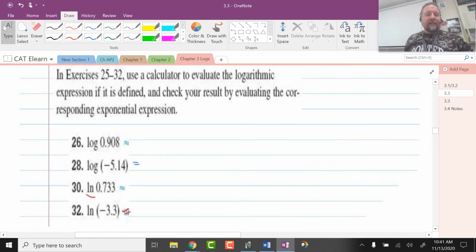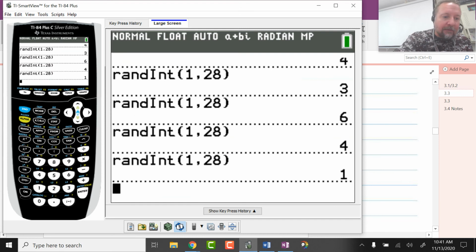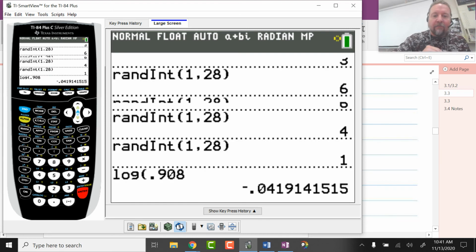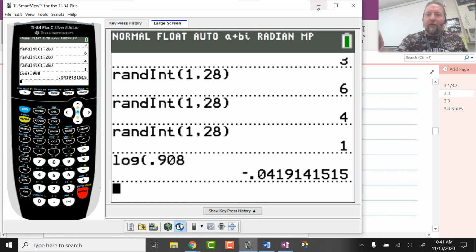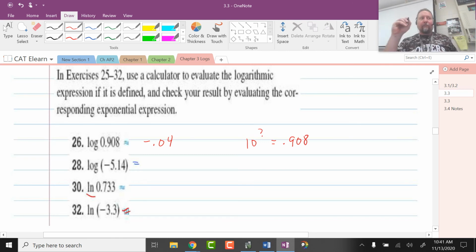All right, and then this next section I'll leave students alone. This is just calculator. You can take the log of 0.908. You will get a decimal, and actually I think a negative, so yeah, negative 0.04. 10 to what power equals 0.908? That's possible, and it's that weird negative 0.04 exponent.